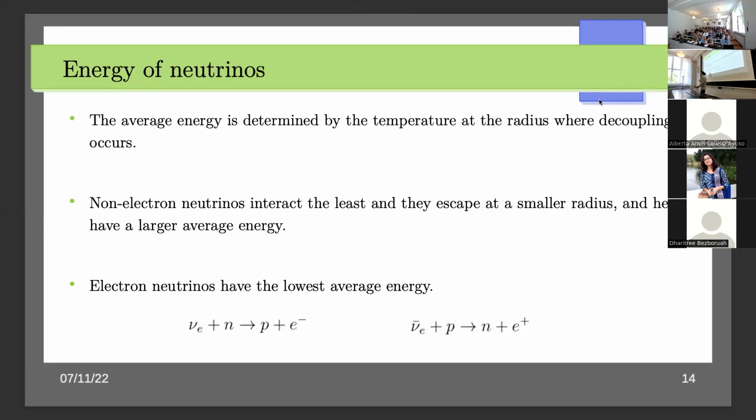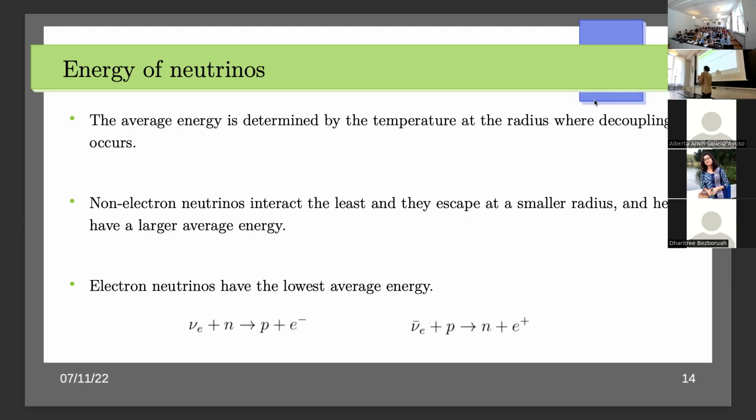The average energy of neutrinos is a few tens of MeV for all flavors, but it's not the same. And also the radius at which decoupling happens is not the same for all neutrinos. The reason again is that we can have these kinds of reactions for electron neutrinos and electron antineutrinos, which cannot happen for muon neutrinos and tau neutrinos.